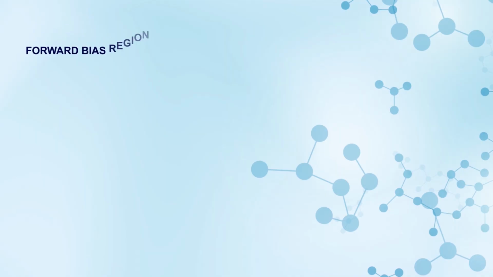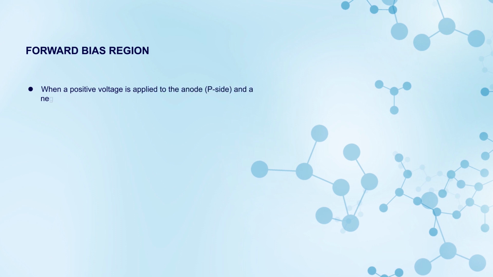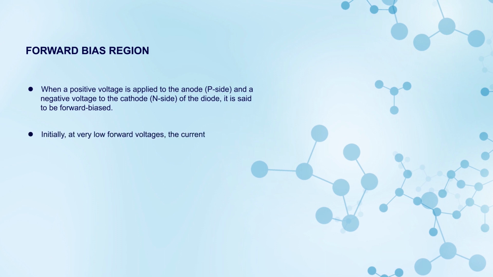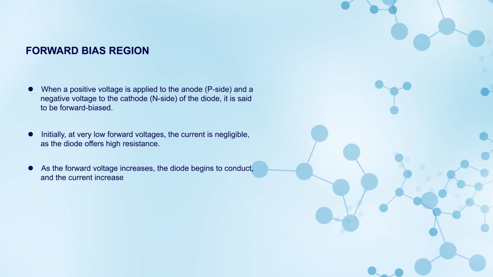In the forward bias region, when a positive voltage is applied to the anode or P side and a negative voltage to the cathode or N side of the diode, it is said to be forward biased. Initially, at very low forward voltages, the current is negligible as the diode offers high resistance. Now, as the forward voltage increases, the diode begins to conduct and the current increases rapidly.